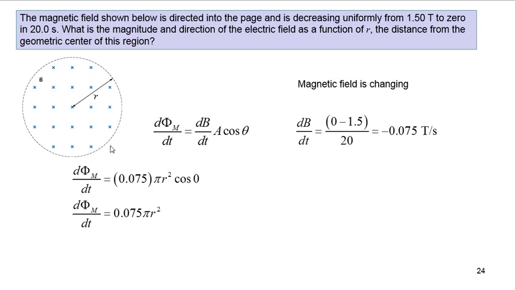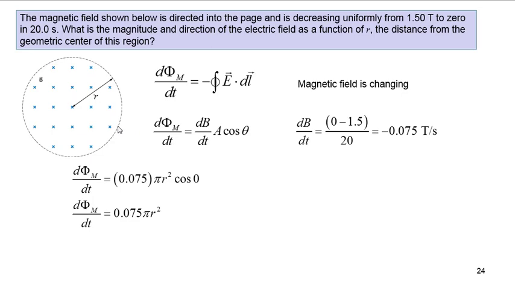Now I can use my equation that relates the change in the magnetic flux to the line integral of the electric field around this loop that I drew. Well, if the electric field is perpendicular to this loop, then that part of this integral would be 0, so I can ignore any of those electric fields.